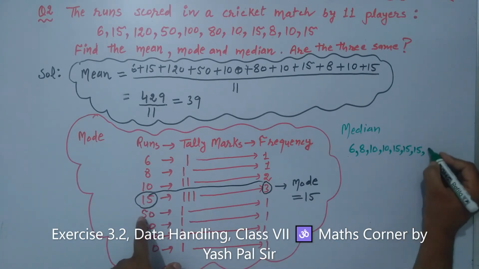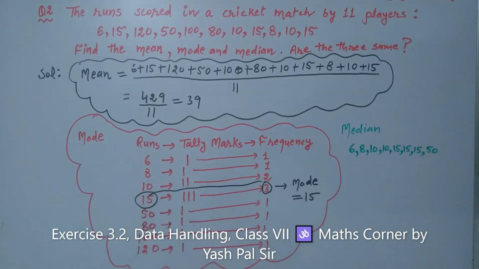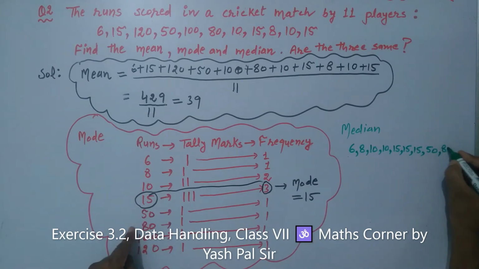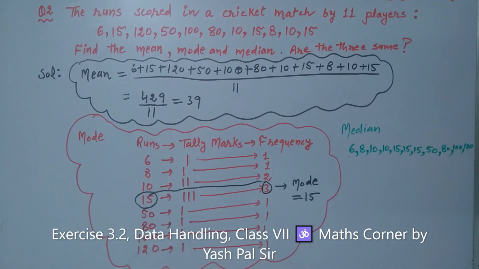Then we have 50, right? Next we have 80, next is 100, last is 120.